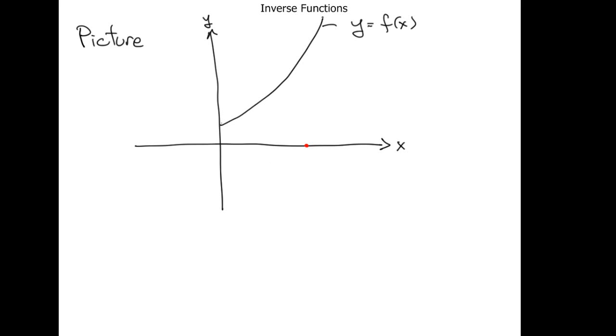Well, if you give me an x on the x-axis, right here, the way you compute f of x is you go up to the curve, and you hit the point on the curve, and then that's the point x, f of x, and then you go to the left here to the y coordinate, and that y value is f of x. So you start on the x, you go to the curve, and then you go to the y. That gives you the function.